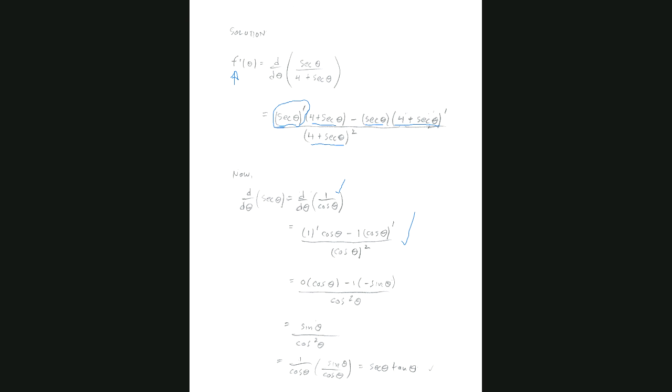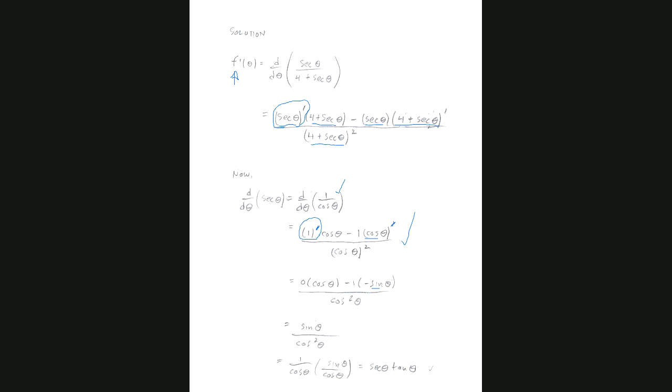What's the derivative of a constant? These primes stand for derivatives, right? 0, good. And the derivative of cosine, we've established to be minus sine.